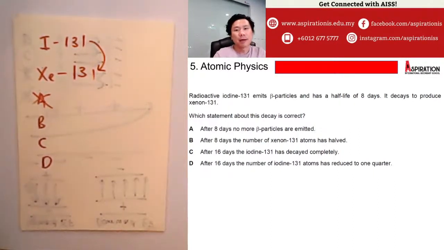Let's look at B. After 8 days, the number of xenon 131 has halved. So B is also wrong. Can you change that sentence? Which word is wrong? Can you make B right, please?